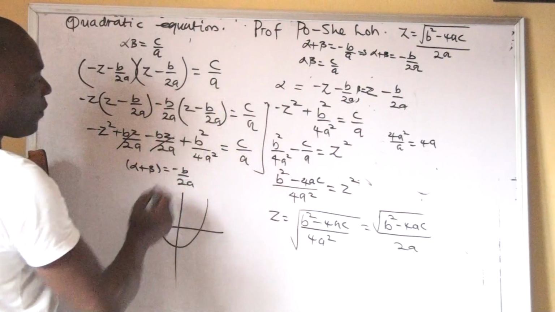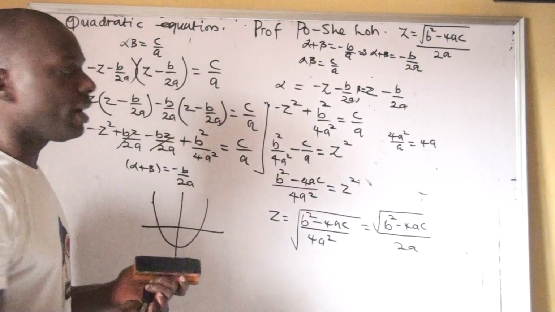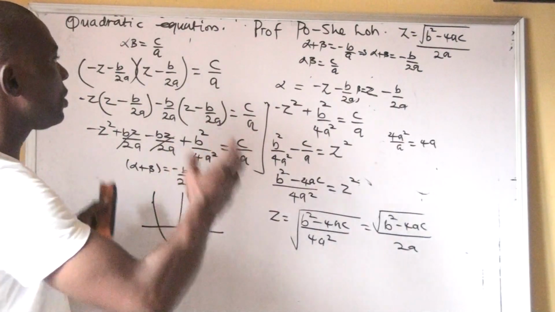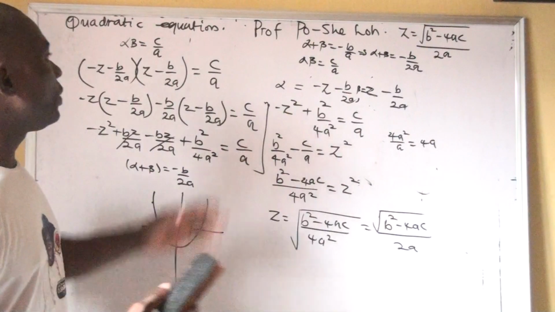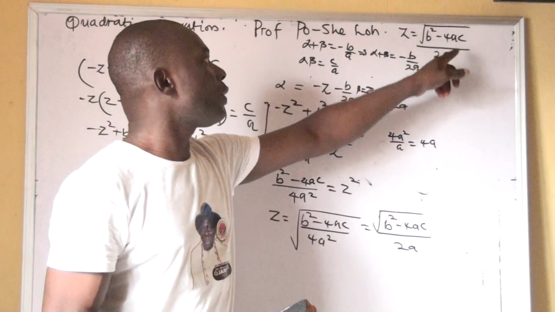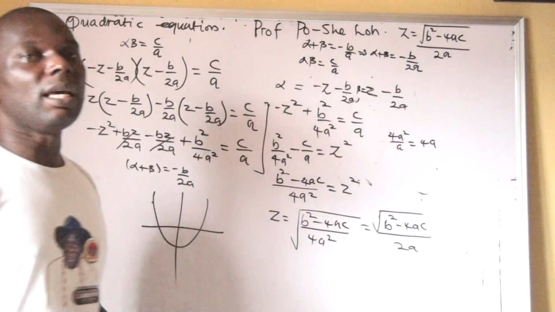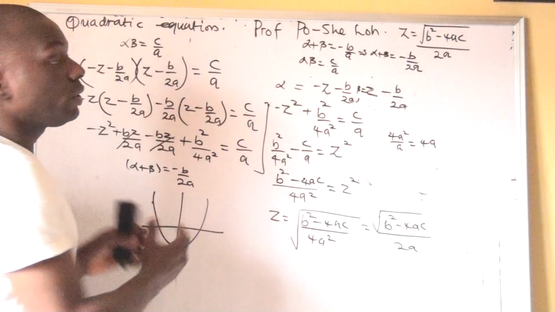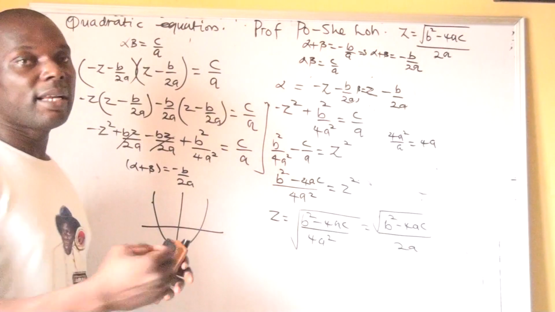So the equation of the line of symmetry is minus b over 2a. This is where we stop. We have shown that z is equal to the square root of b squared minus 4ac all over 2a. If you make some comparison, you see that this approach is also similar to that of completing the square.